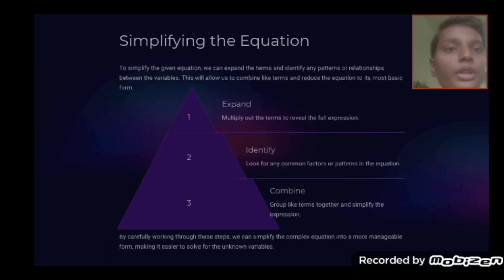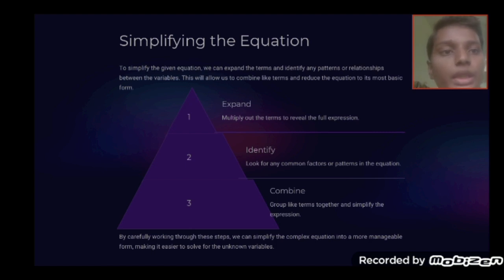Simplifying the equation. To simplify the given equation, we can expand the terms and identify any patterns or relationships between the variables. This allows us to combine the like terms and reduce the equation to its most basic form. First one, expand: multiply out the terms to reveal the structure of the expression.